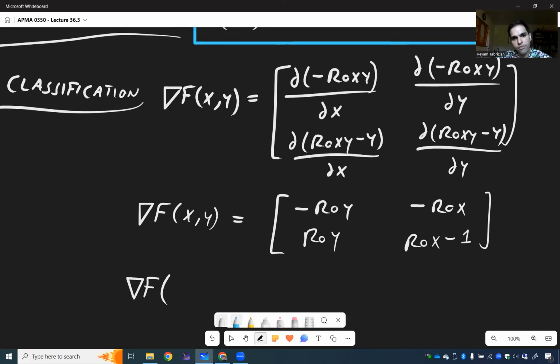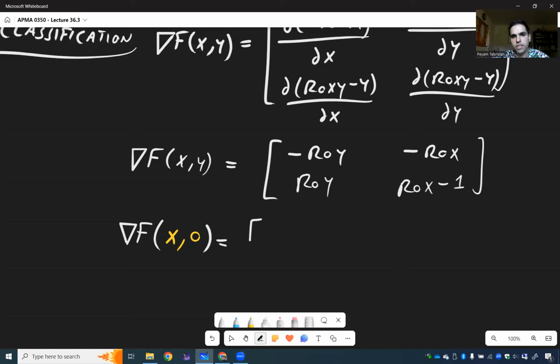So the gradient of f at x comma 0. So you just let y equal 0. So minus R0 times 0, minus R0X, R0 times 0, so 0, and R0X minus 1.